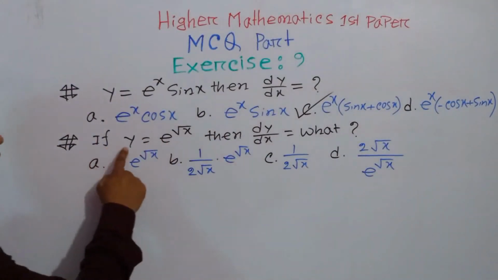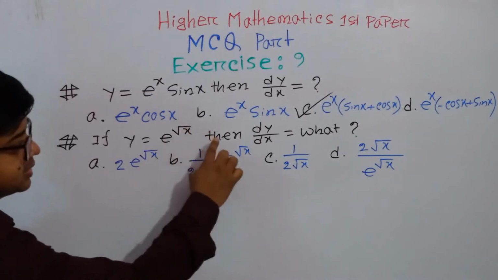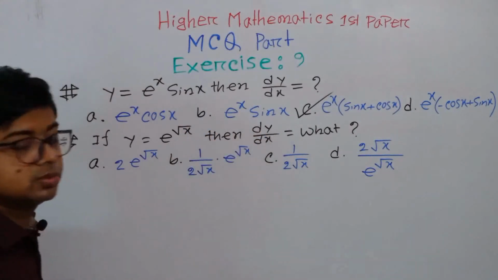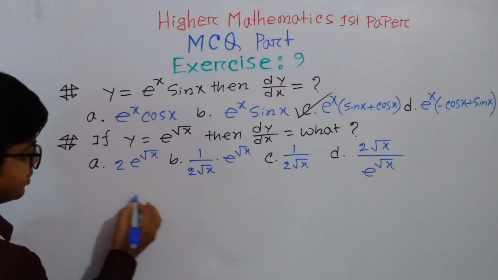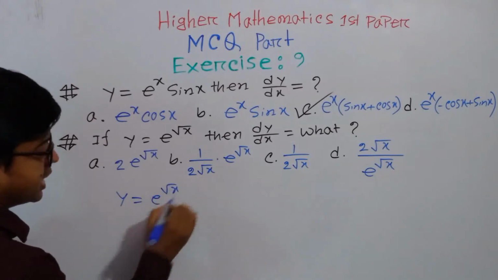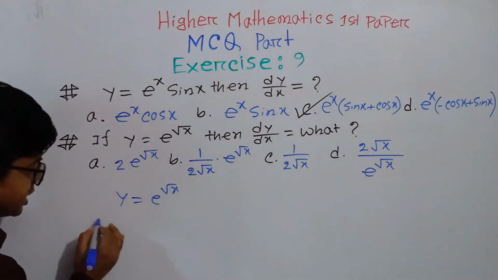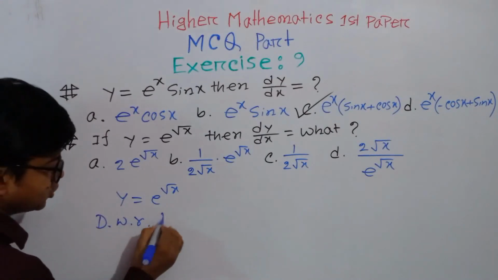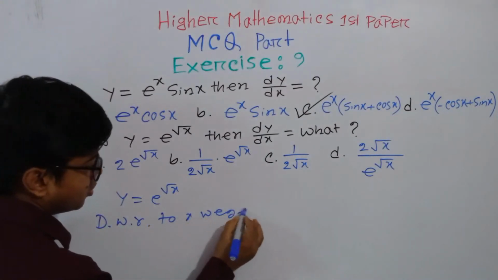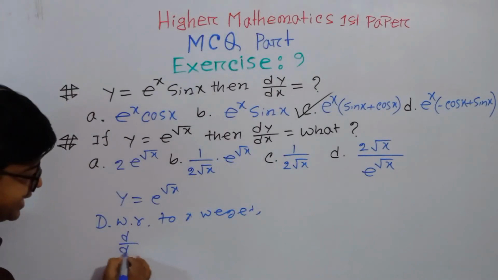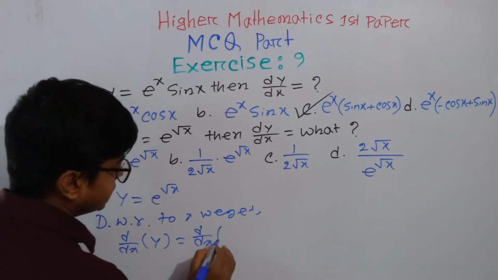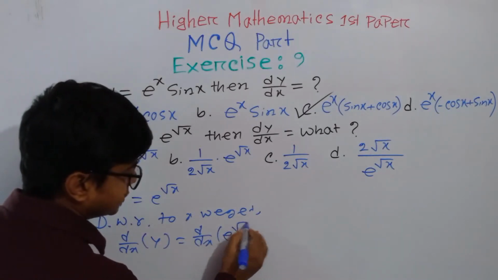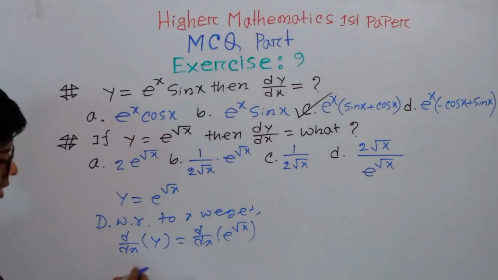Here, if y equals e to the power root over x, then d/dx of y equals what? Here we can solve it this way. Here y equals e to the power root over x, and here differentiating with respect to x, we get d/dx of y equals d/dx of e to the power root over x.